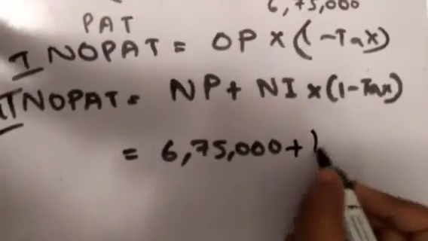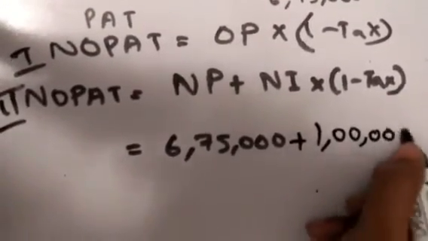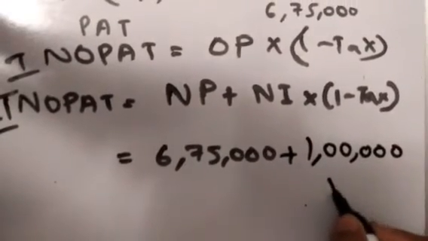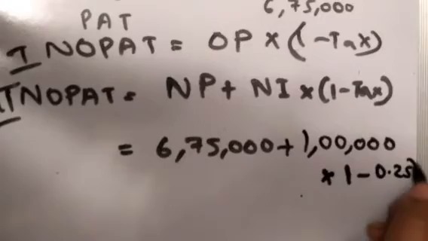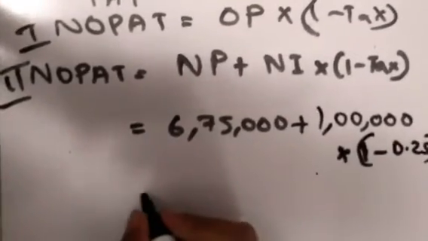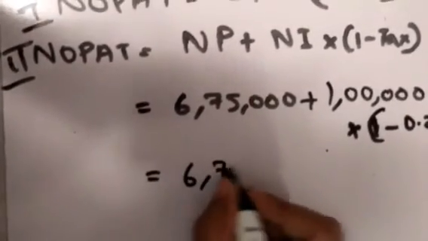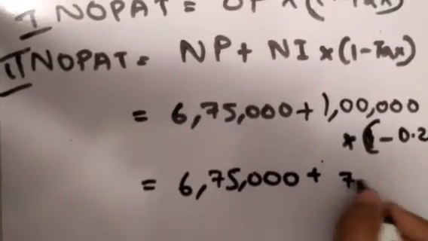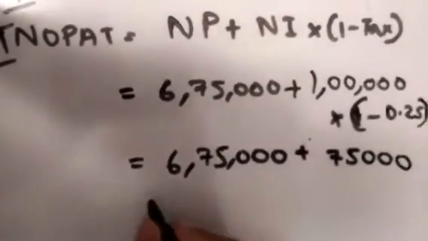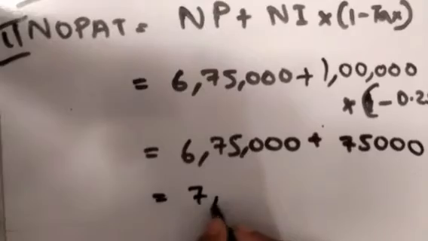So we have to add 1 lakh, multiplied by 1 minus tax, that is 0.25. When we compute this, we get 6,75,000 plus 75,000, which is equal to 7,50,000.